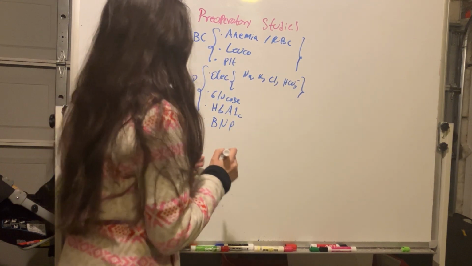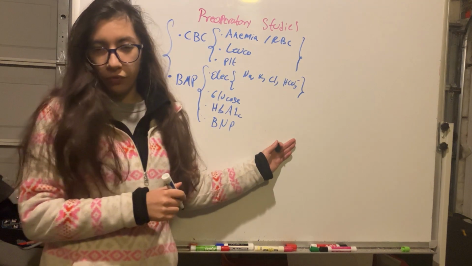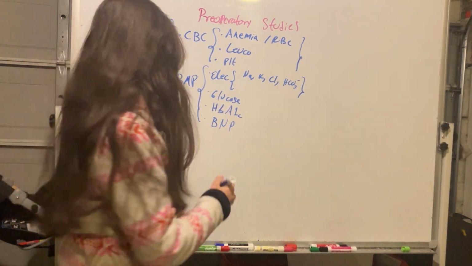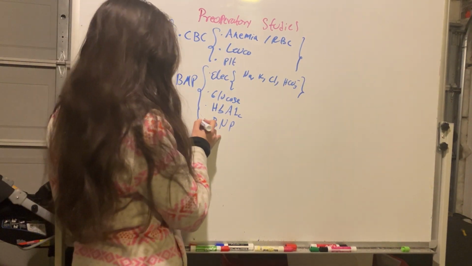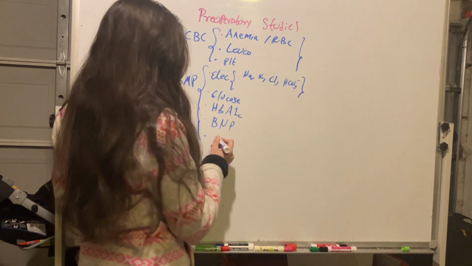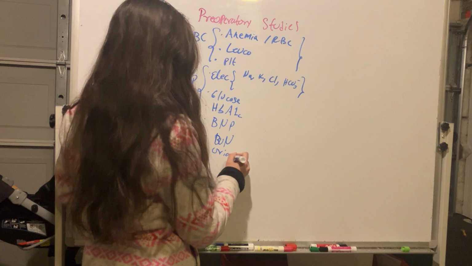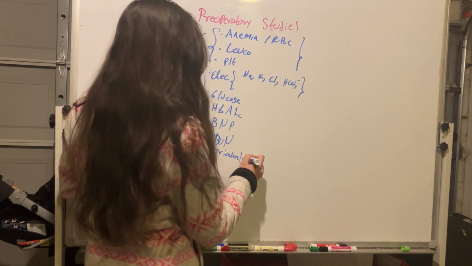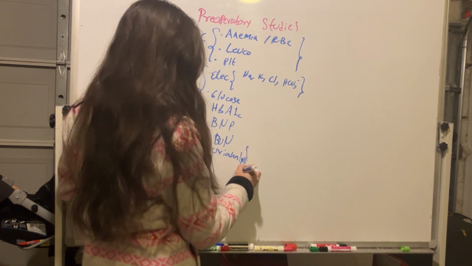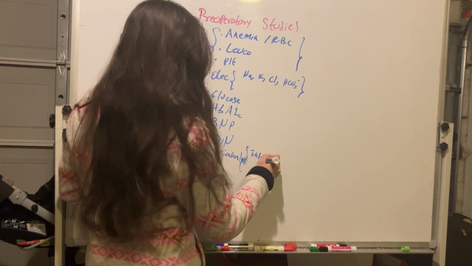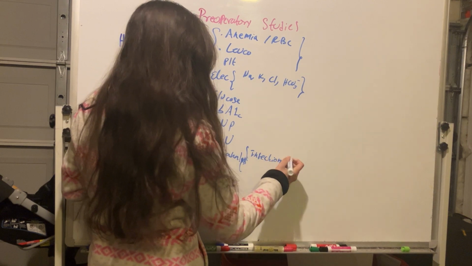BNP, this is to evaluate for possible heart failure, brain natriuretic peptide. Also blood urea nitrogen, urinalysis. This is to evaluate for urinary tract infection.